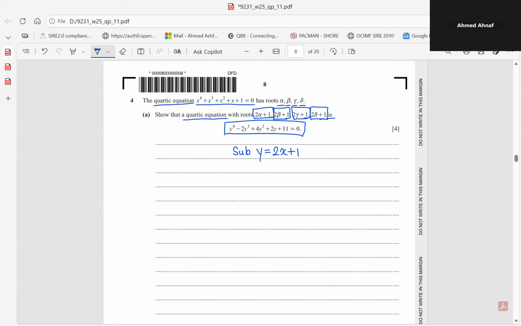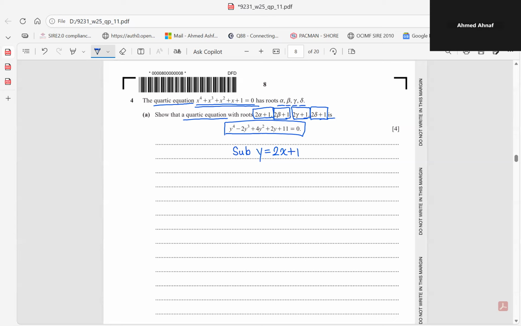In place of alpha, beta, gamma, or delta, we just put x, since they are roots of this equation. You can replace x with alpha as well as beta, gamma, or delta, but you can only replace it with those. You cannot have alpha and beta in the same equation. I hope you guys can understand what I'm trying to say.